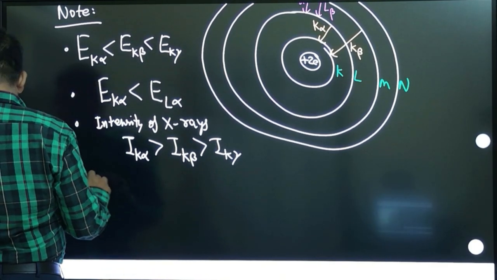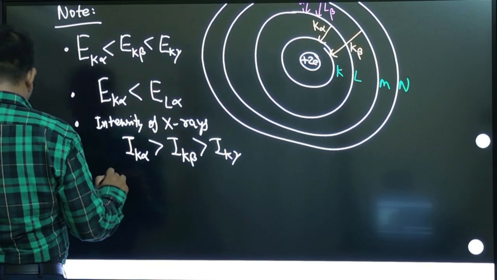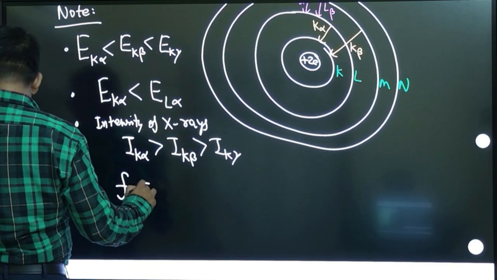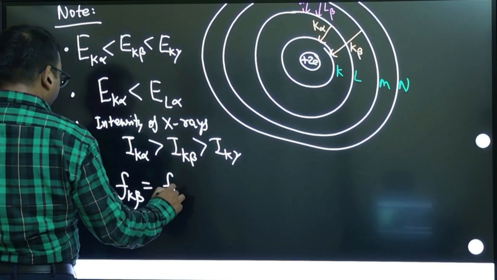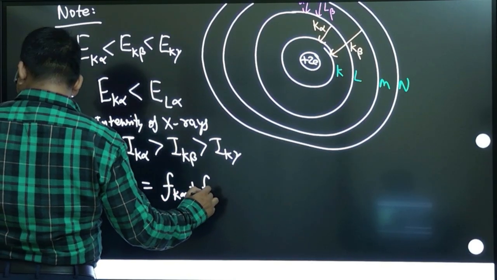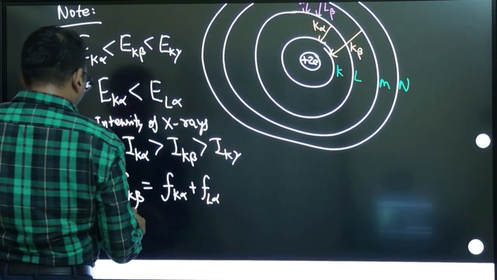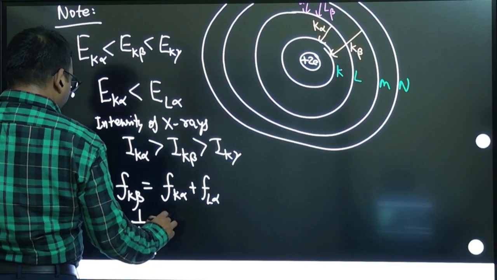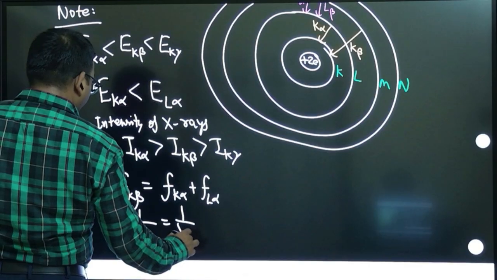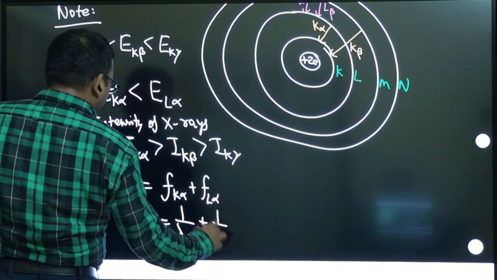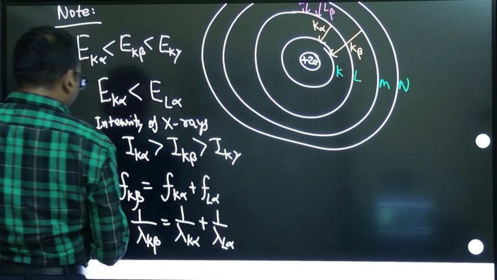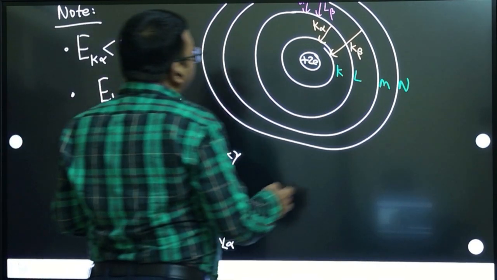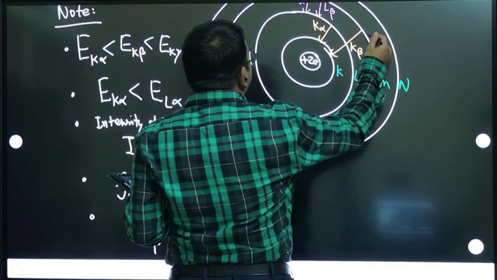And also note, if you take the frequency relationship, frequency of K beta is equal to frequency of K alpha plus frequency of L alpha, which will give the inverse relationship of lambda: 1 by lambda of K beta is equal to 1 by lambda of K alpha plus 1 by lambda of L alpha. These are the frequency and wavelength relationships. Why is it coming like this? Suppose I want to take K beta.